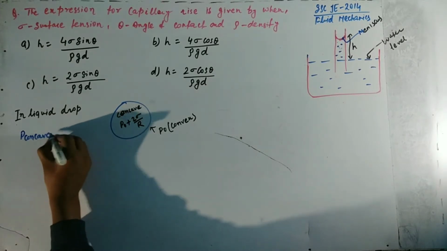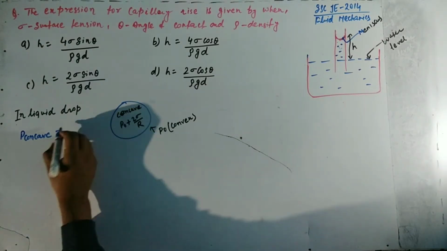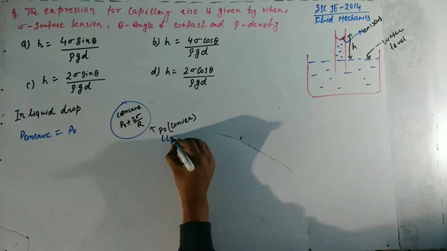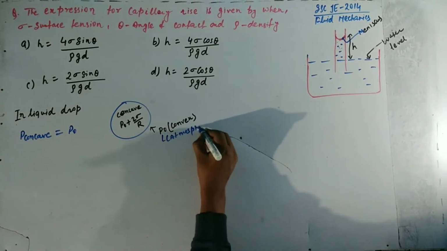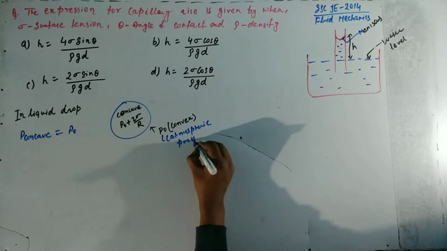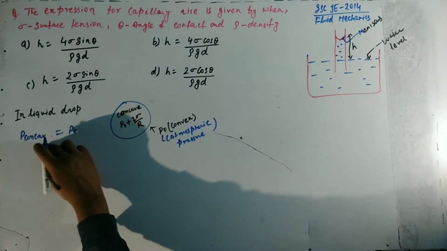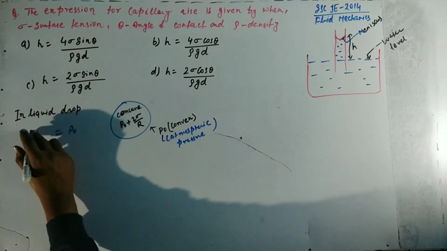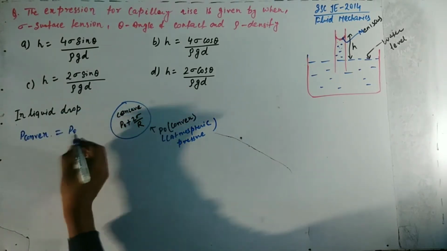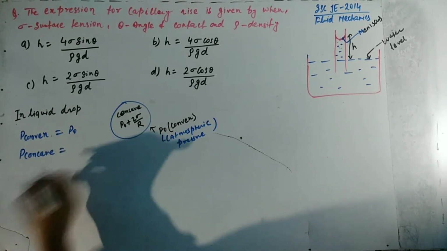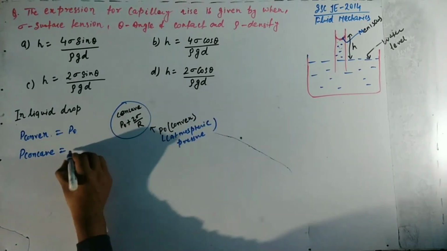So on the concave side the pressure is more by 2 sigma by R than on the convex side. Here P naught is atmospheric pressure, so P convex equals P naught and P concave equals P naught plus 2 sigma by R.